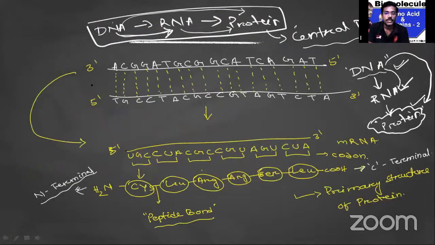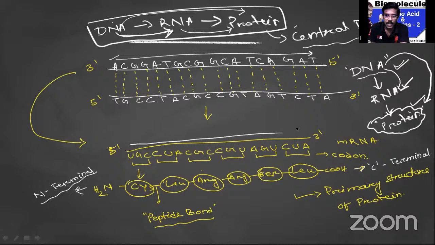Here, this is the DNA and its nucleotide sequence, this is the sequence on the mRNA, and this is the sequence of the protein. If the amino acids are joined in a linear fashion, that is called the primary structure of the protein.